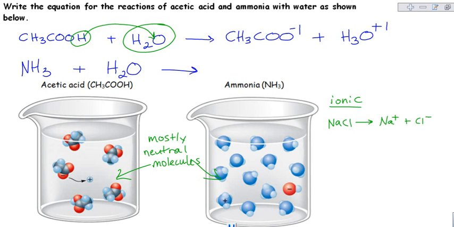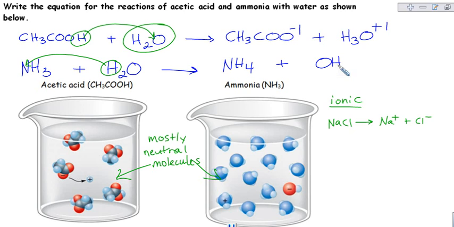Here's what happens, and again, you never have to write this yourself. The nitrogen has a pretty high electronegativity. It's got a lone pair of electrons. One of the hydrogens from water will be attracted to that nitrogen. So that on the product side, you'd have NH4 instead of NH3. And if only one hydrogen is transferred, you'd be left with OH, just a hydrogen and an oxygen.